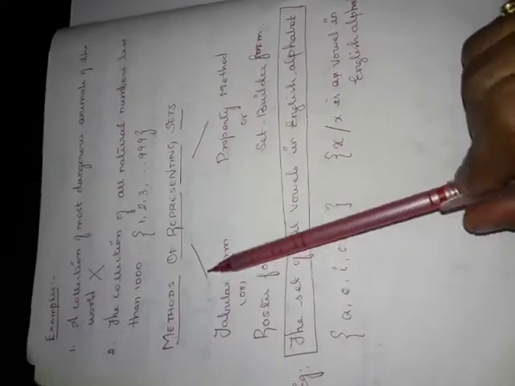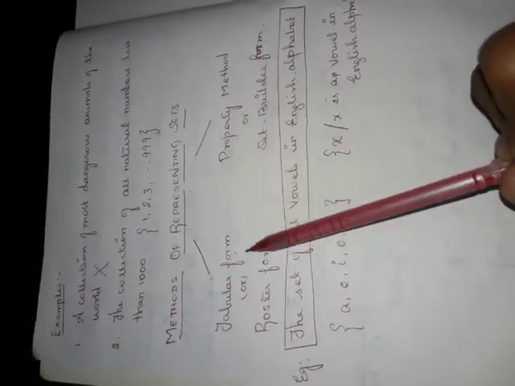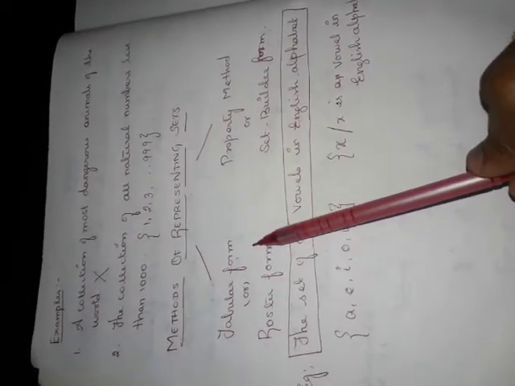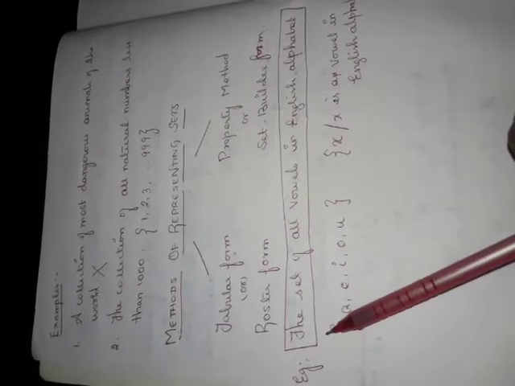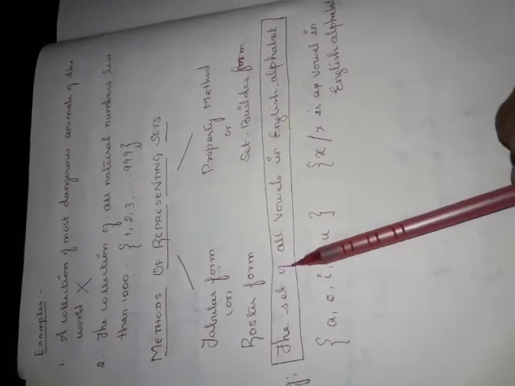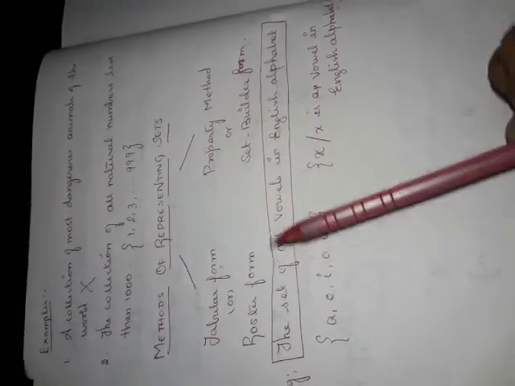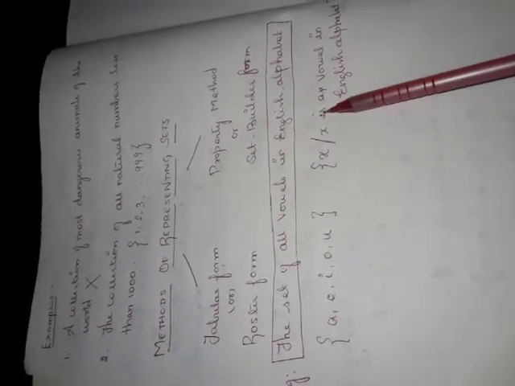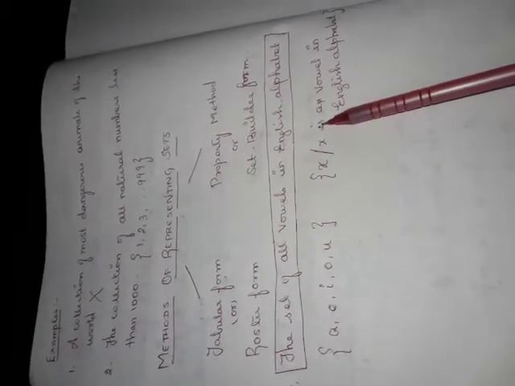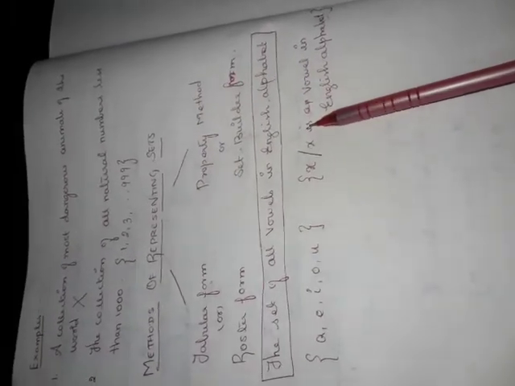But before getting into a few more examples, I want to make it clear again. There are two methods of representing a set. One is tabular form or roster form, and the other one is property method or set builder form. In tabular form, we list out the elements of the set clearly, separated by commas. But in set builder form, it will be partially in words and numbers.